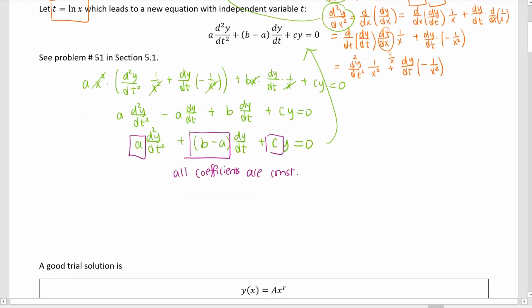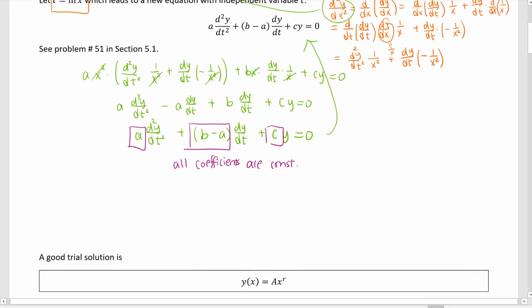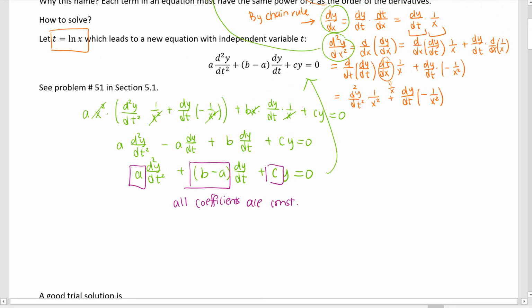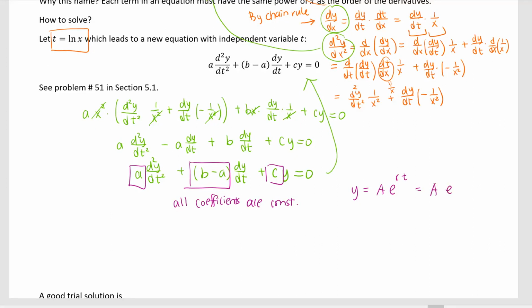And we know that the solution looks like a e to the rt. But remember, this is like e to the t to the r. And what is t? t is ln of x.